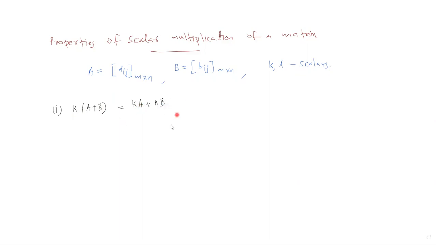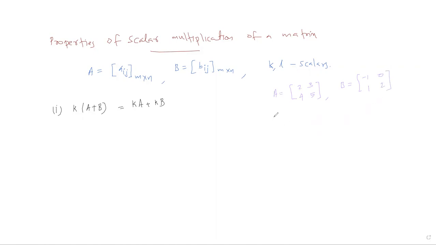The answer will be the same. So we'll see one example. Just for verification, I'm writing a very simple matrix A: 2 3 4 5. B is equal to -1 0 1 2.